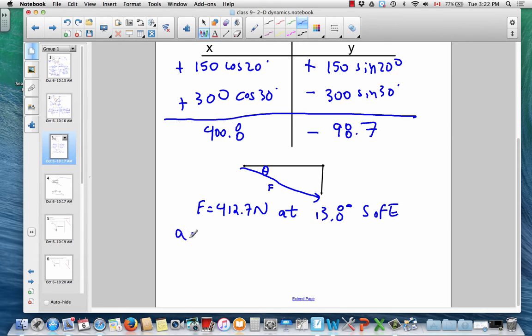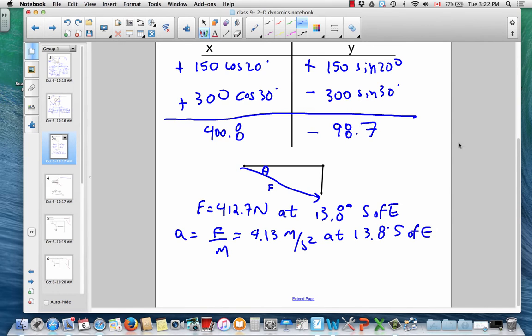Now the problem actually asked us for the acceleration, but all we have to do then is divide the force that we've got here by the mass, and the mass is 100. So just dividing this by 100 and answering to 3 sig figs, we get the acceleration of the boat.